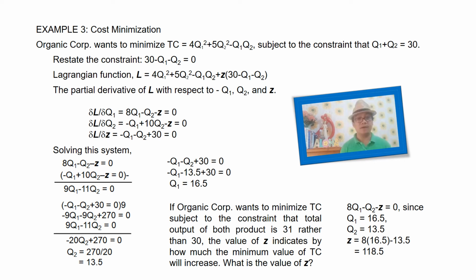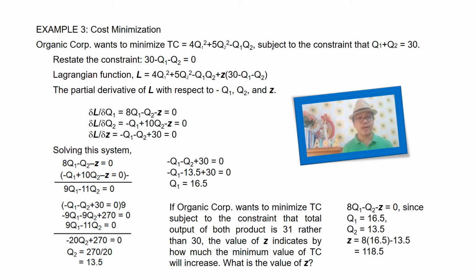Then, if we multiply it by an unknown variable Z and add the result to the TC function we want to minimize, we get the Lagrangian function, which is equal to 4Q1 squared plus 5Q2 squared minus Q1 Q2 plus Z times 30 minus Q1 minus Q2.